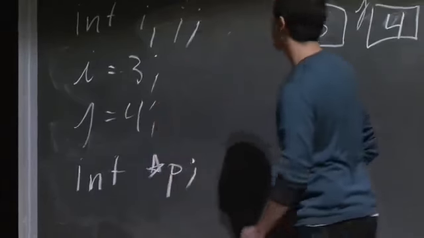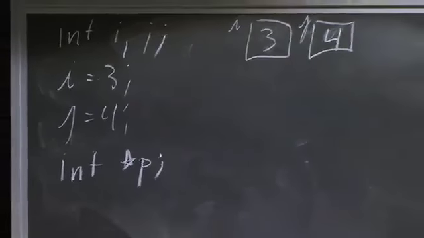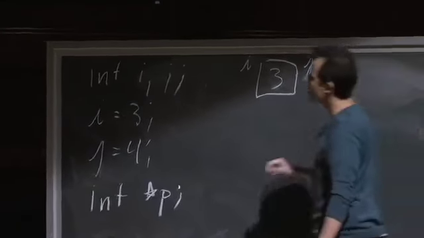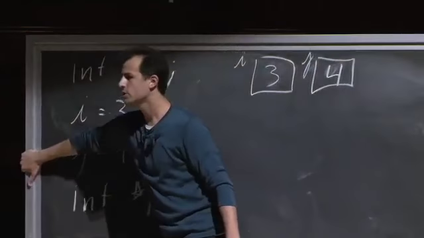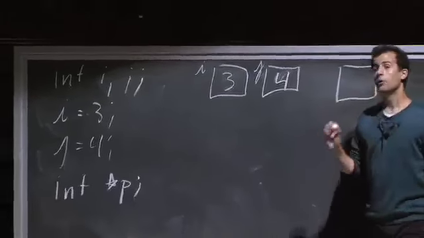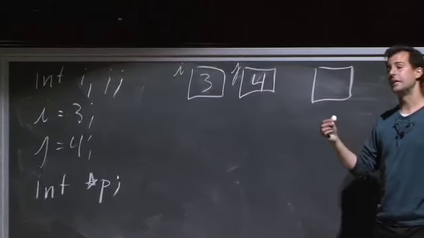So this now declares, and for those for whom this might be cut off, I've just written int star p semicolon. All this is doing is saying to GCC, you know what, give me 32 bits, but I'm not going to store in those 32 bits an int, but rather an address of an int.